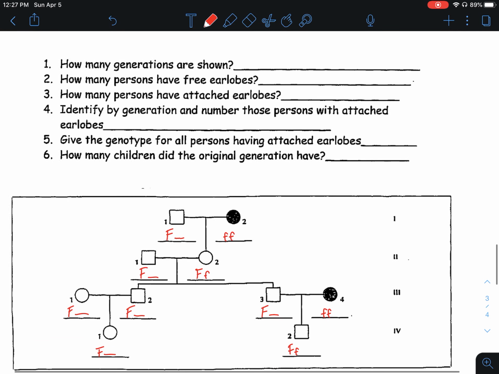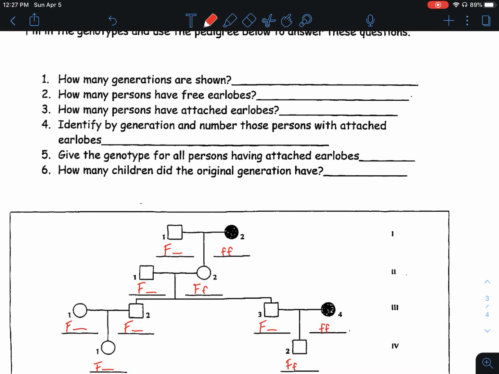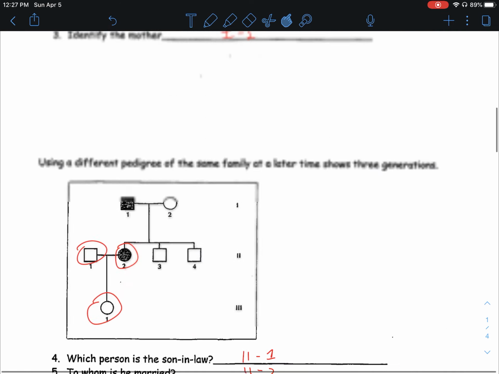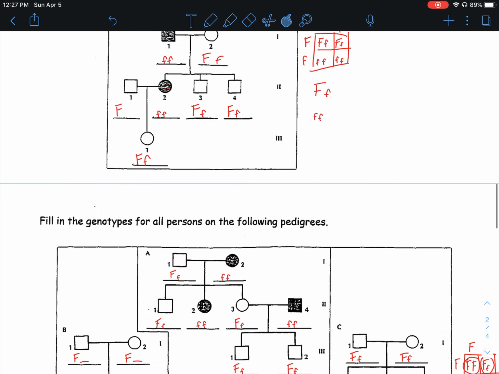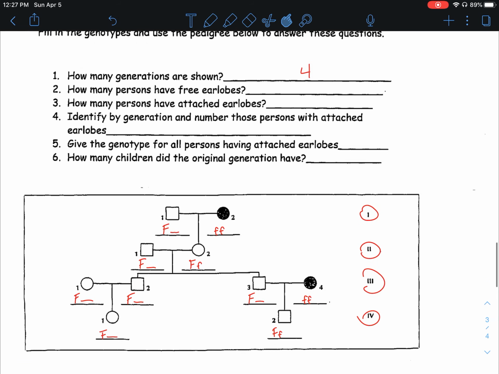Okay? All right, now answering the questions, how many generations are shown? 1, 2, 3, 4. How many persons have free earlobes? So remember that free earlobes means that they have capital F, okay? So if you count all those people, you got 1, 2, 3, 4, 5, 6, 7, 8.